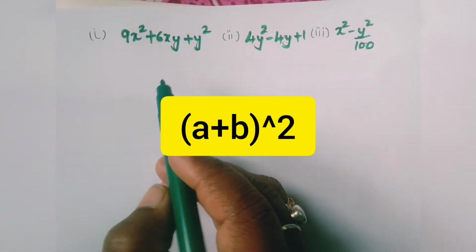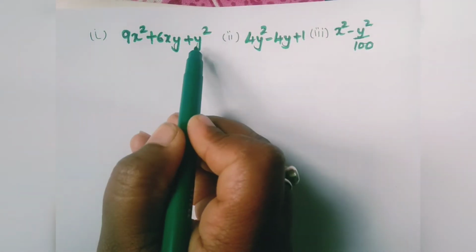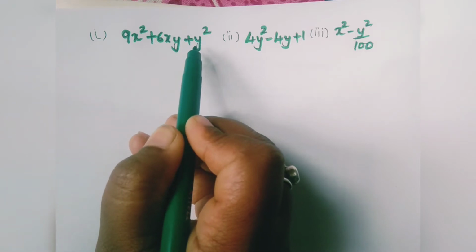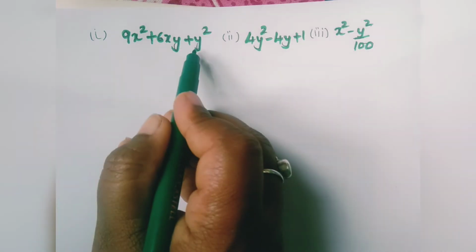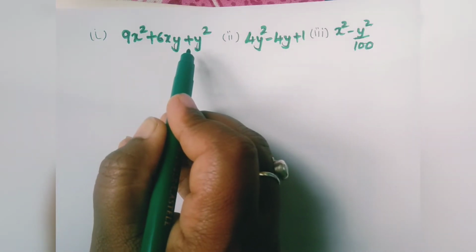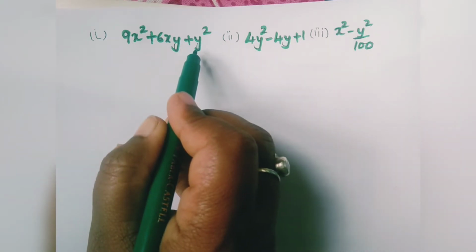To apply a plus b whole square, you need to check whether the first term and the last term are perfect squares. Now 9 is a perfect square. Here you don't have any number, so you can take 1 as the number. So 1 square is also going to be 1.